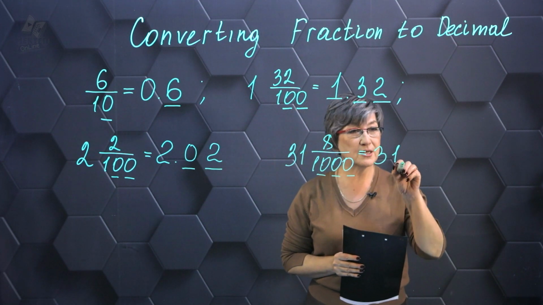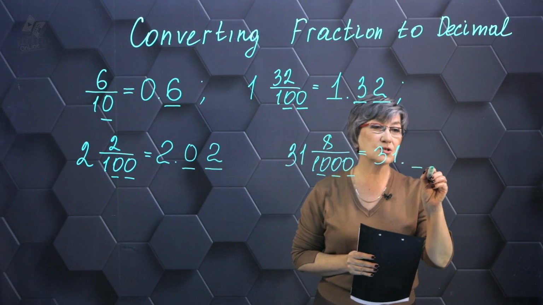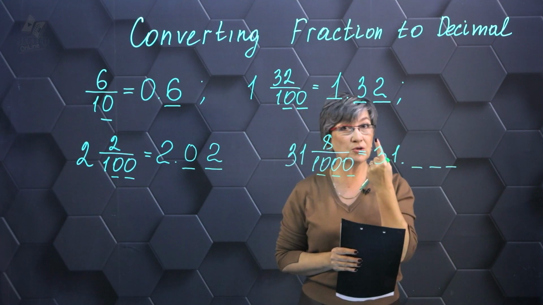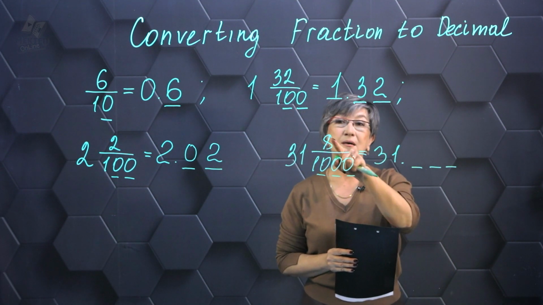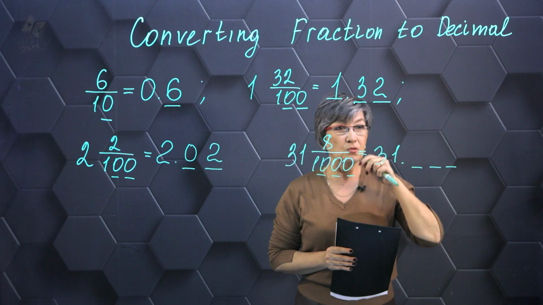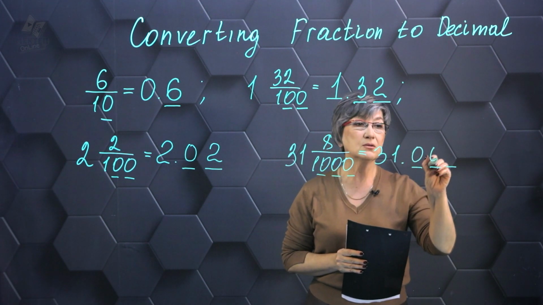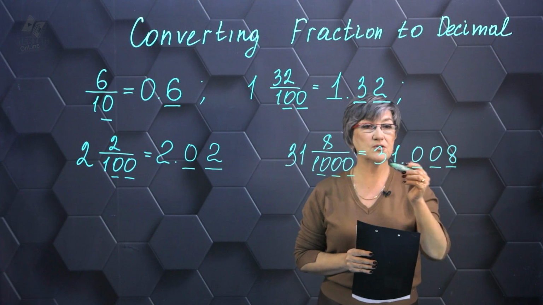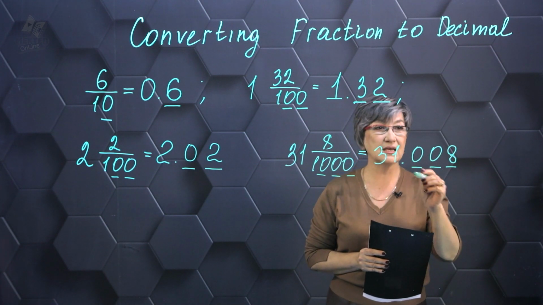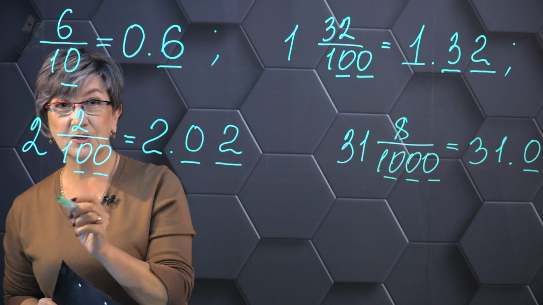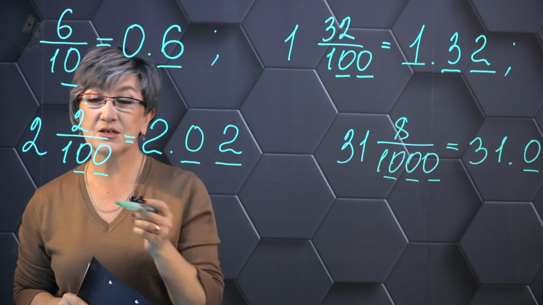I should have 3 digits after our dot, but I only have 1 digit in the numerator. So in order to equalize the number of digits, I add 0, 0, 8, and the result is 31 whole 8 thousandths.